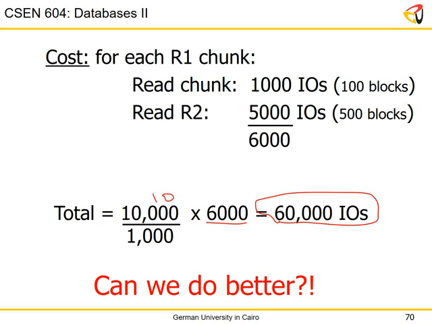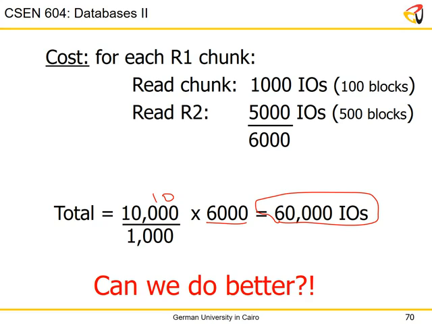I still have the other 9/10. So the way to compute it is, this is the cost of a chunk, and I'm going to figure out how many chunks I have. A chunk has 1000 rows, and since I have 10,000 rows, I'm going to divide the 10,000 by 1000 to get 10. So I really have 10 chunks.